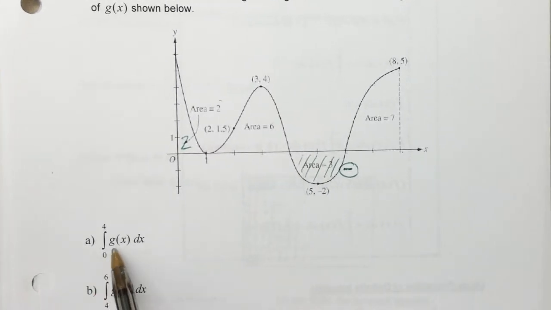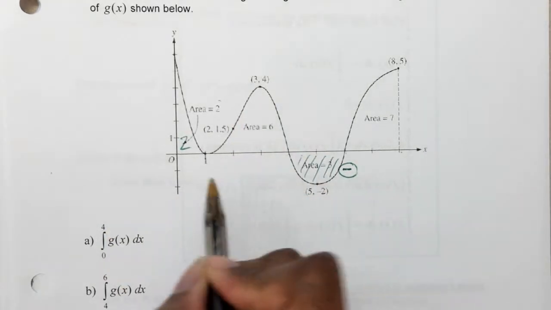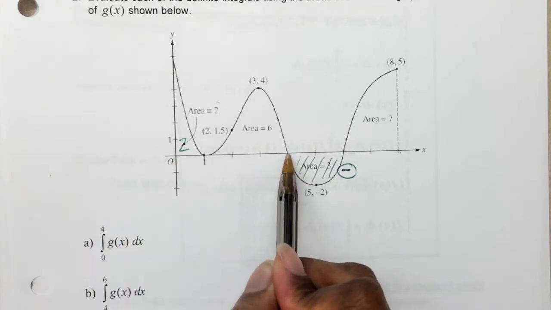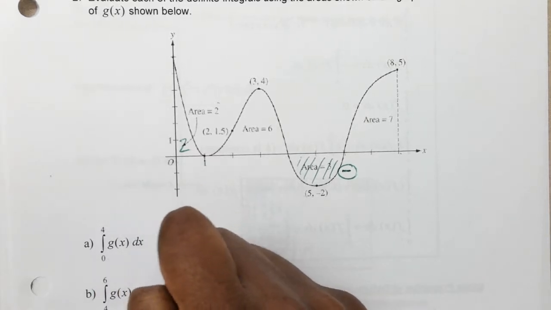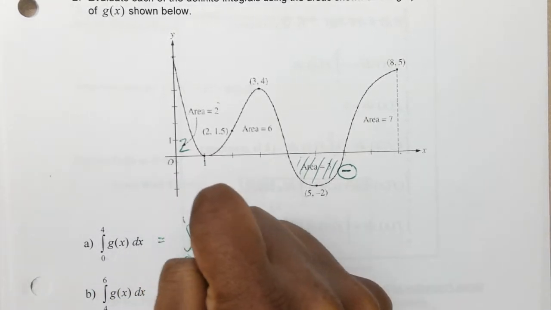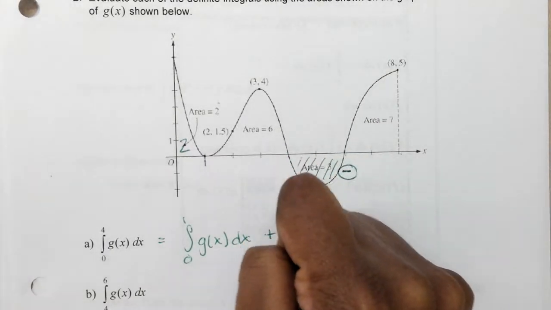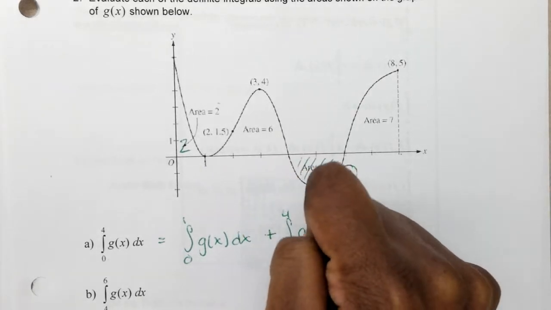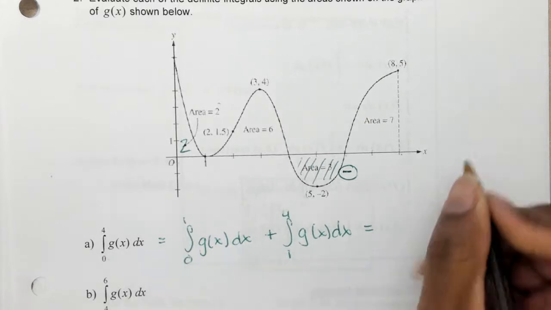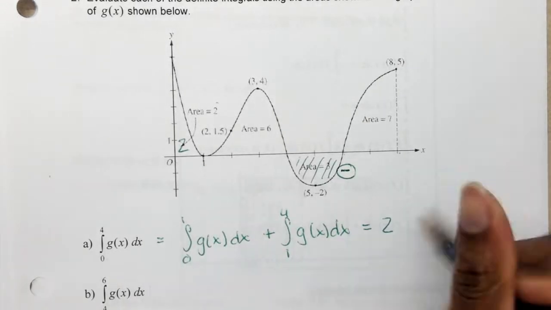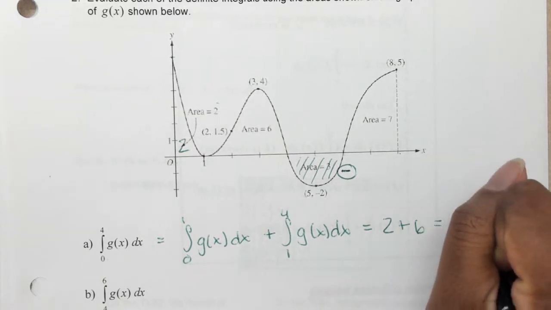So if we want the area of g of x from 0 to 4, that means we want the area from 0 to 1 of g of x dx plus the area from 1 to 4 g of x dx, which we know from 0 to 1 is 2, from 1 to 4 is 6, so the area is 8.